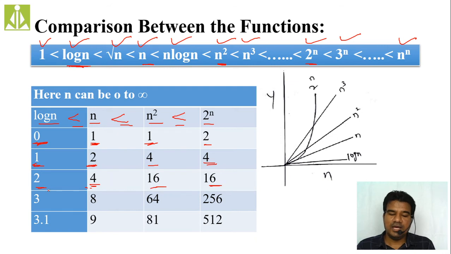Okay, then take 8 as the n value, log 8 to the base 2 is 3, then 8 power 2 is 64, and 2 power 8 is 256. Okay, take the n value as 9, log 9 to the base 2 is about 3.1. Okay, then 9 power 2 is 81, and 2 power 9 is 512, like this.